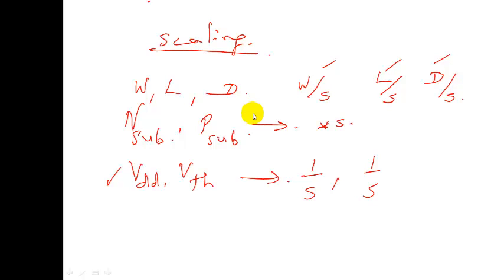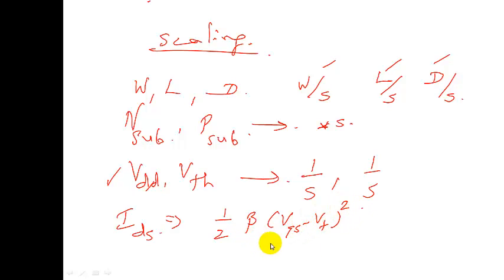Now in this case, what happens to the current IDS? IDS, as you normally know, is half of beta times (VGS minus VT) the whole square. What happens to VGS and VT? As we have discussed, they are scaled by 1 by S. And for beta, what is beta?